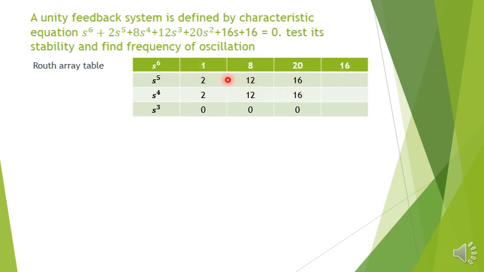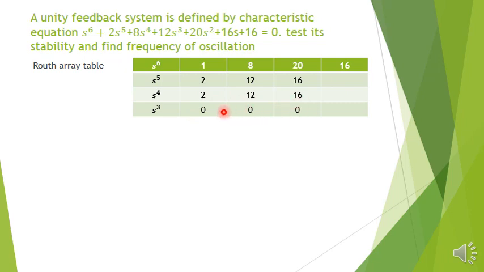So here you see these two rows are proportional. Obviously the next row will be 0. 2 into 12 minus 2 into 12, 0. 2 into 16 minus 2 into 16, 0. So I will get 0, 0. So all the elements of this row are 0.